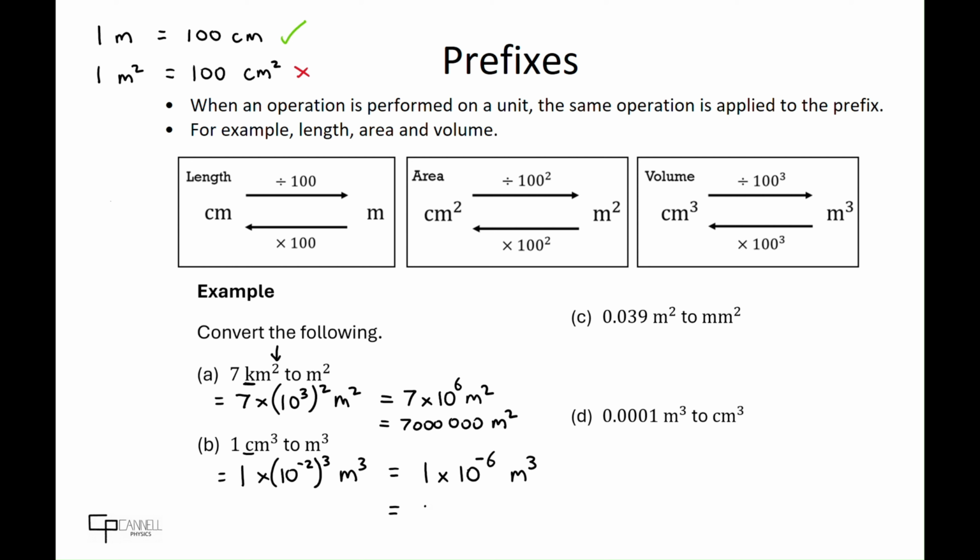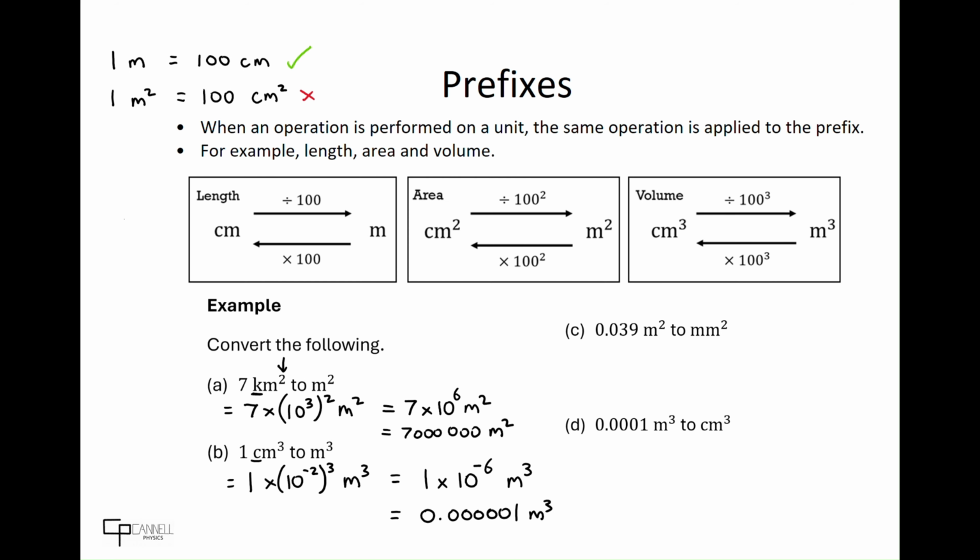And in your calculators, in standard form, this gives us 0.000001 cubic meter. With examples C and D, these are going to be slightly different to A and B, because in A and B, what we were doing really was going from units with prefixes to a unit with no prefix.